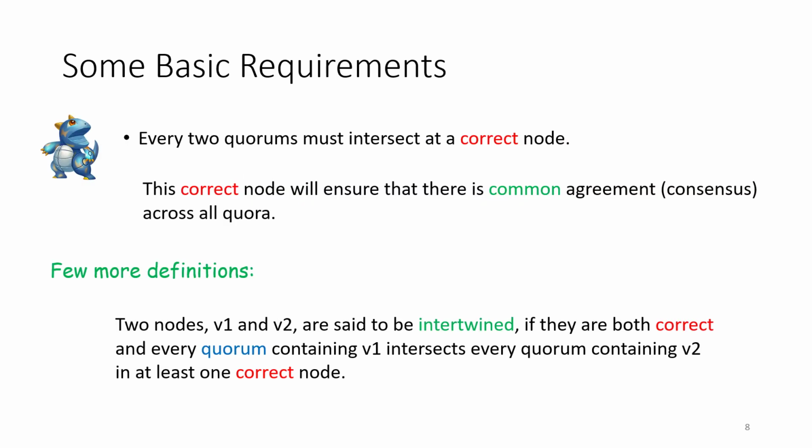Now we need to come to some basic requirements. We defined what is a quorum slice and what is a quorum. But now let us see when you can guarantee consensus in this federated Byzantine quorum system argument. When is it that consensus can be guaranteed? This is by and large the most important requirement.